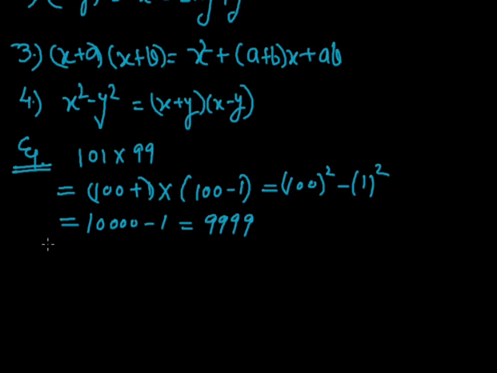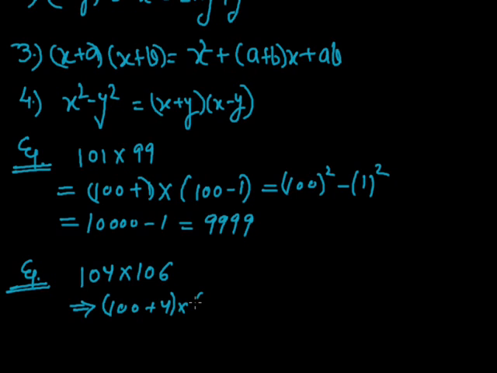Now suppose we are given 104 into 106, so we can write it as (100 plus 4) into (100 plus 6). We have to use the identity. Here it is similar to the third identity, so we will use the third algebraic identity, that is (x plus a) into (x plus b) is equal to x square plus (a plus b) into x plus ab.